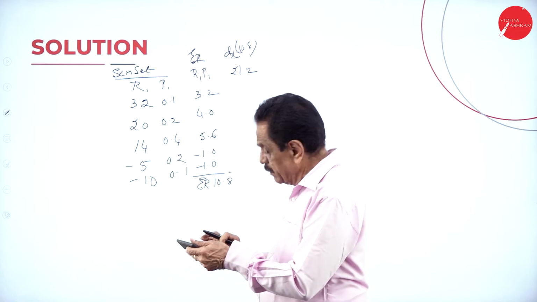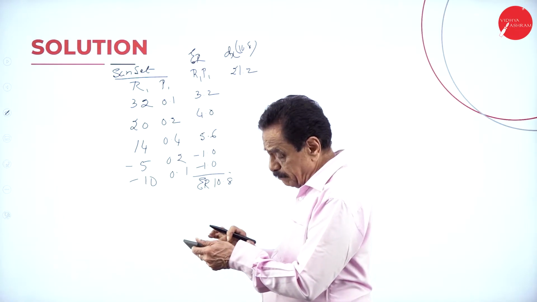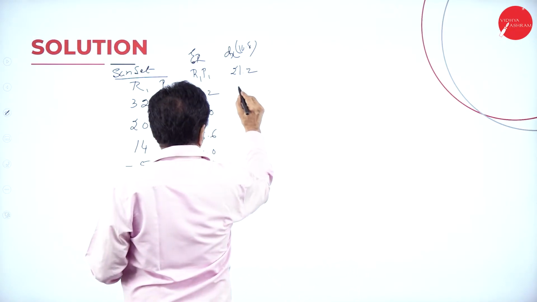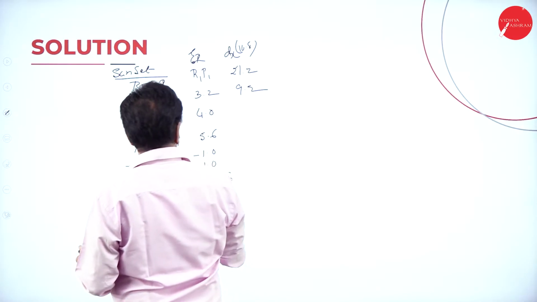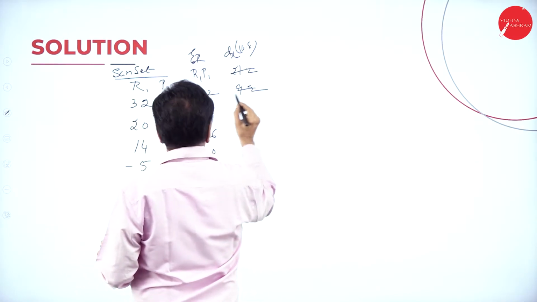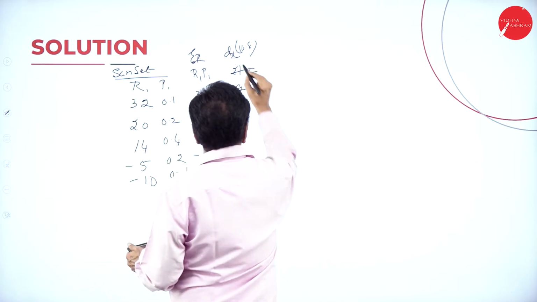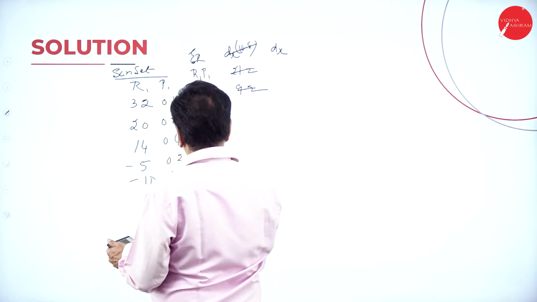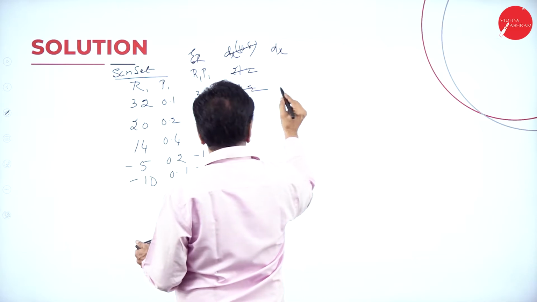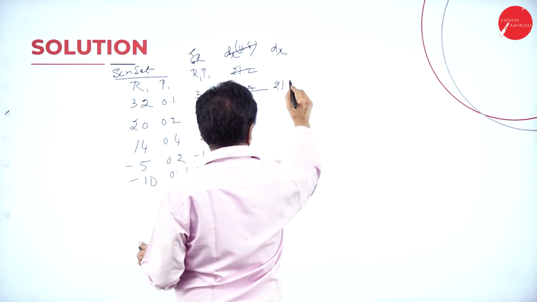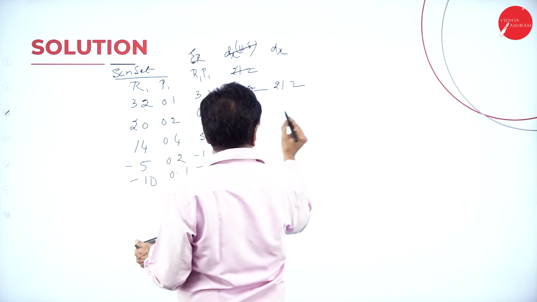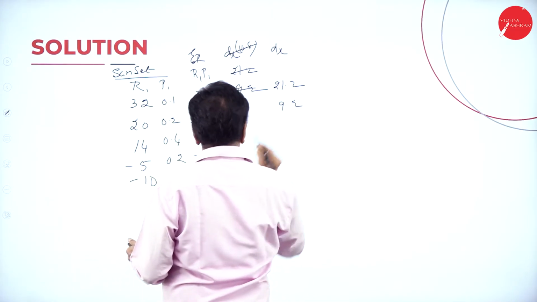20 minus 10.8, 9.2. This is the dx for 32 and this is the dx for 20.